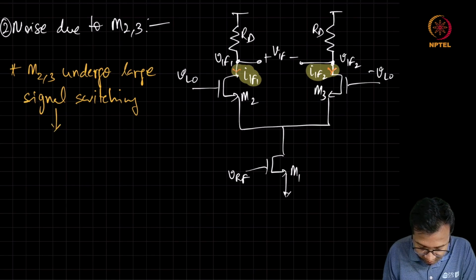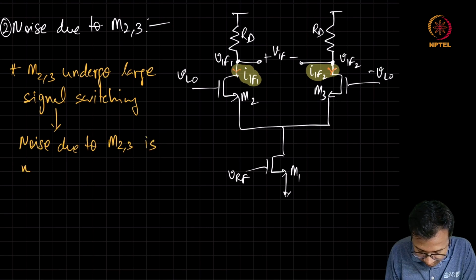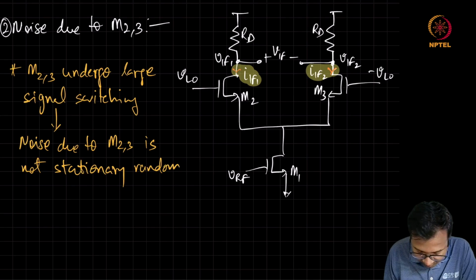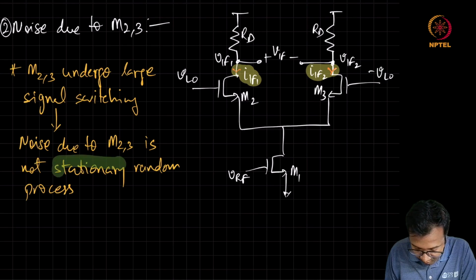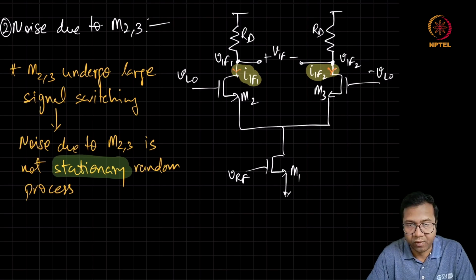So it means the noise due to M2, M3 is not a stationary random process, meaning the statistics are going to change with time.